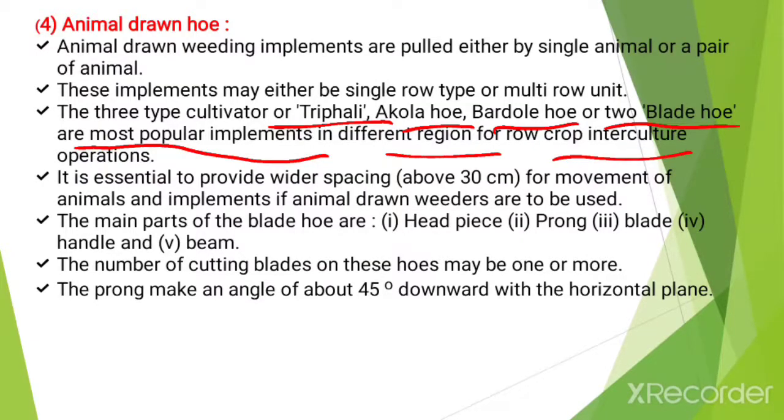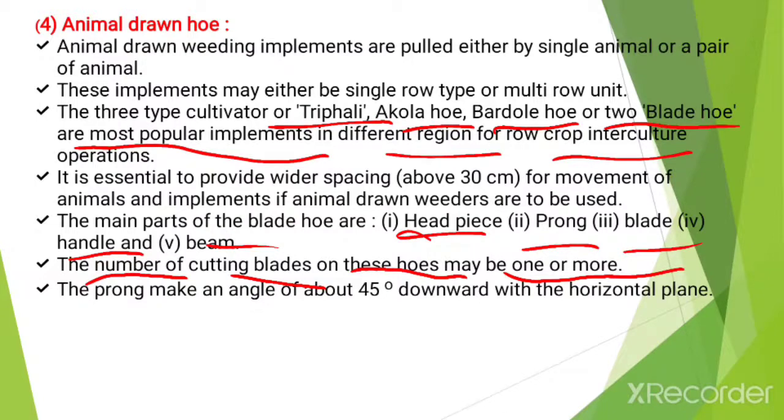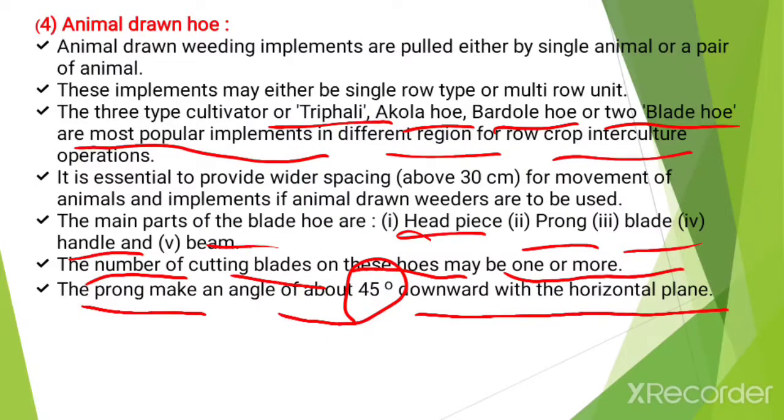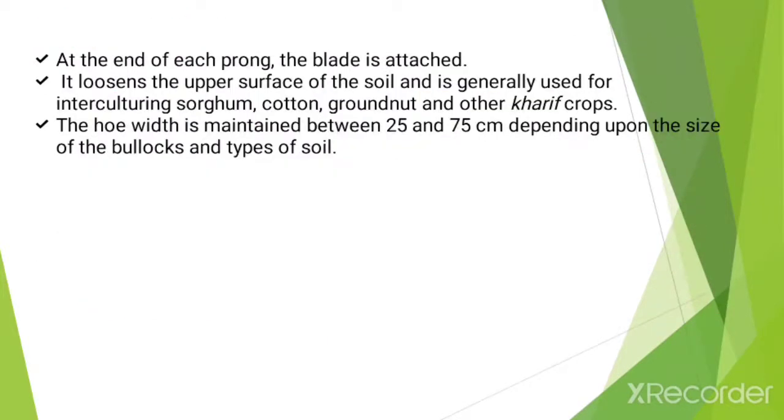The main parts of the blade hoe are headpiece, prongs, blade, handle and beam. The number of cutting blades on these hoes may be 1 or more, and the prong makes an angle of about 45 degrees downward with the horizontal plane. At the end of each prong, the blade is attached.